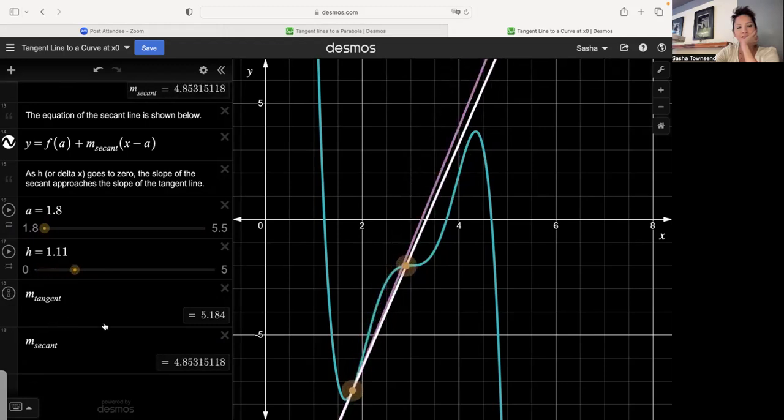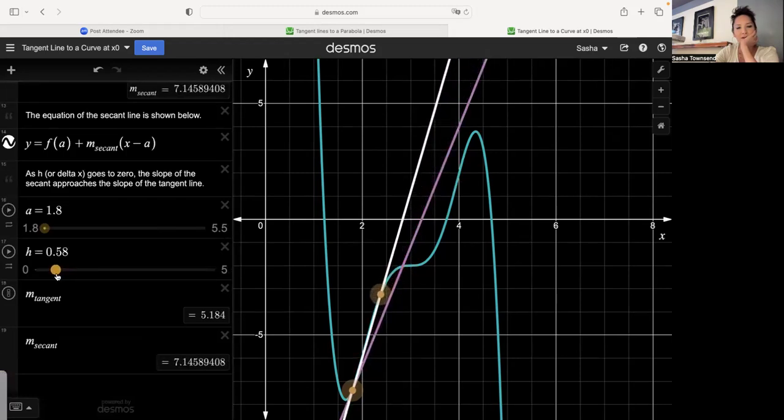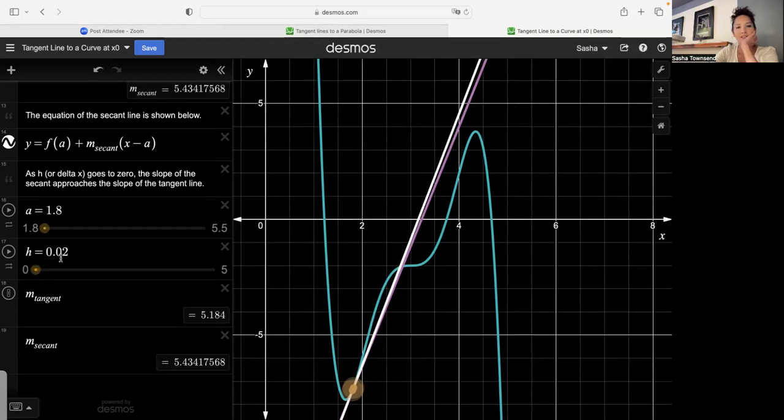And look, check out the slope of the secant. It's approaching that 5.184. Originally it's varying quite a bit, but as soon as we get close to h equals 0.02, we see that those slopes are relatively similar. Of course, it's undefined when h is equal to 0.